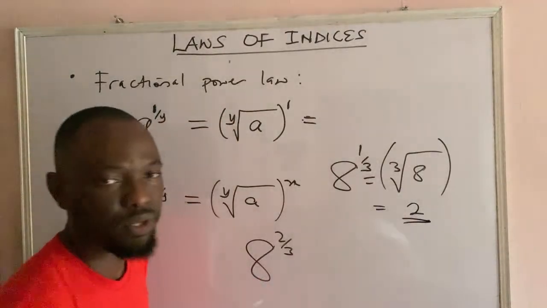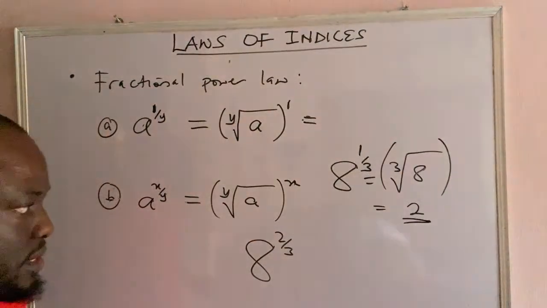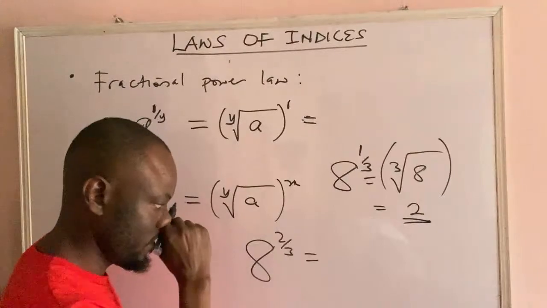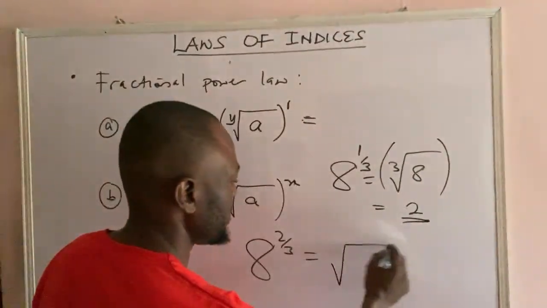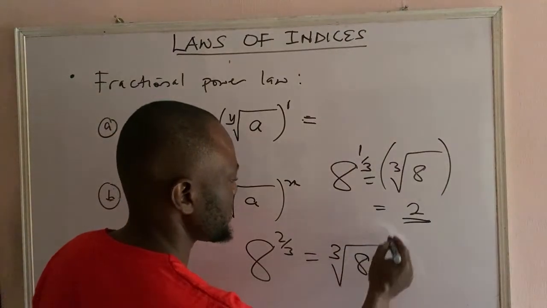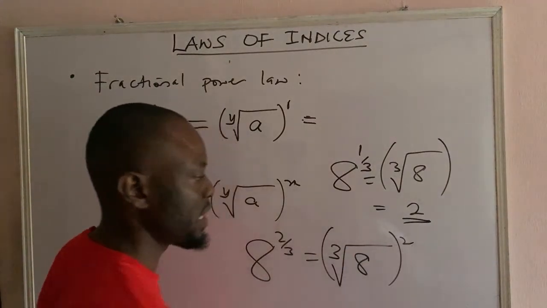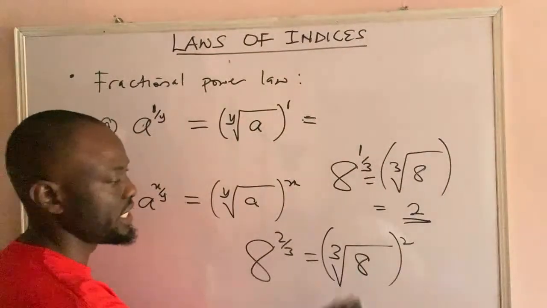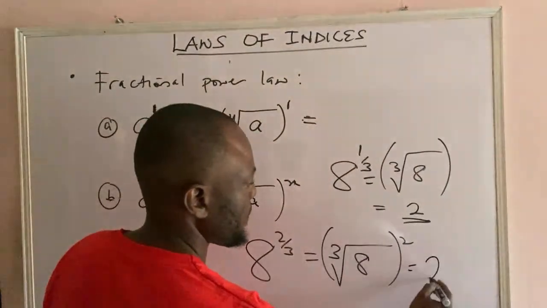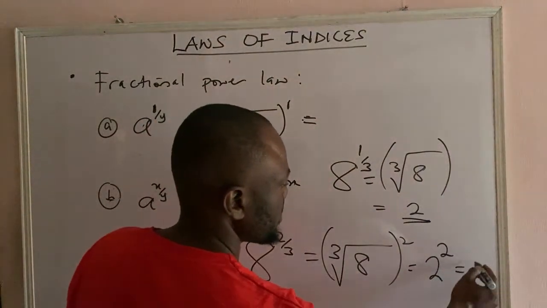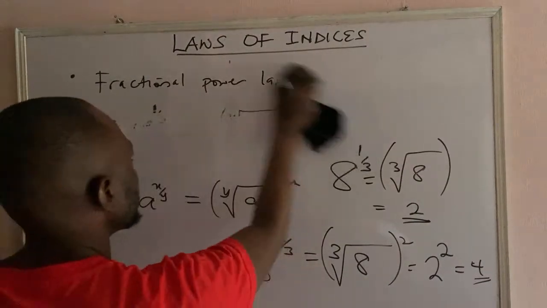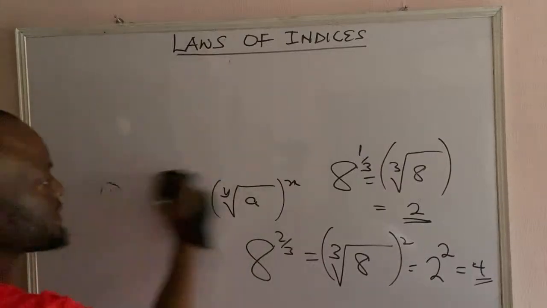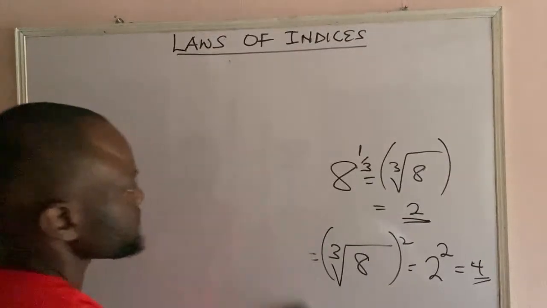You can punch that into your calculator. For the second question, this is the third root of 8, all to the power 2. Now the third root of 8 will give you 2. Now 2 to the power of 2 will give you 4. All right? Let's take more problems than that.